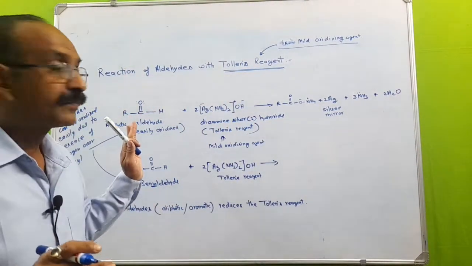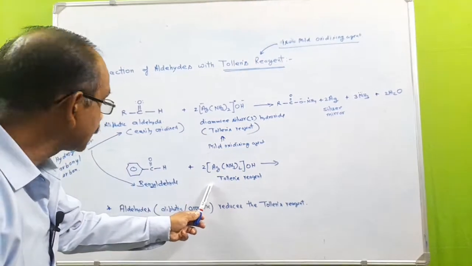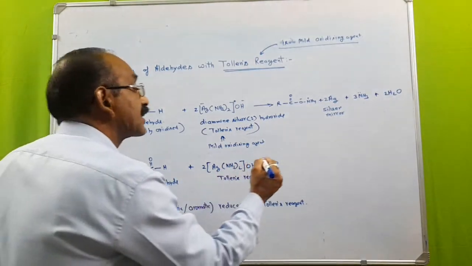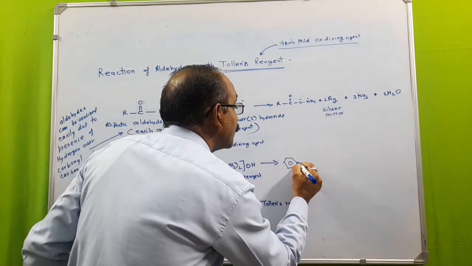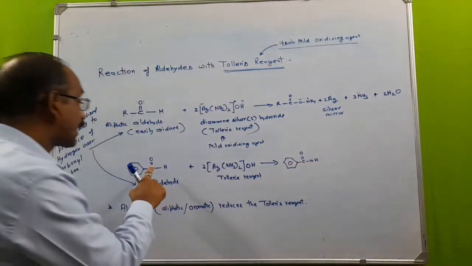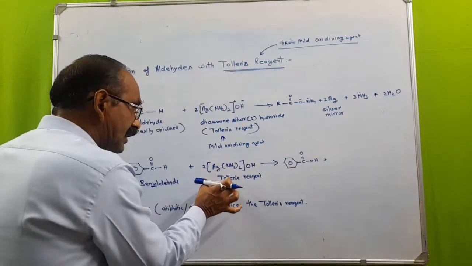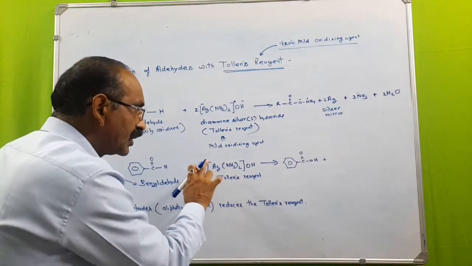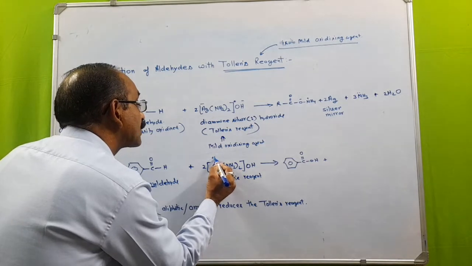Is it clear? In the same way, Tollen's reagent will oxidize the aromatic aldehyde, and here we add simply 1 oxygen between the stressed carbon and hydrogen, and thereafter the Tollen's reagent will be reduced. Here the Ag oxidation state is +1.